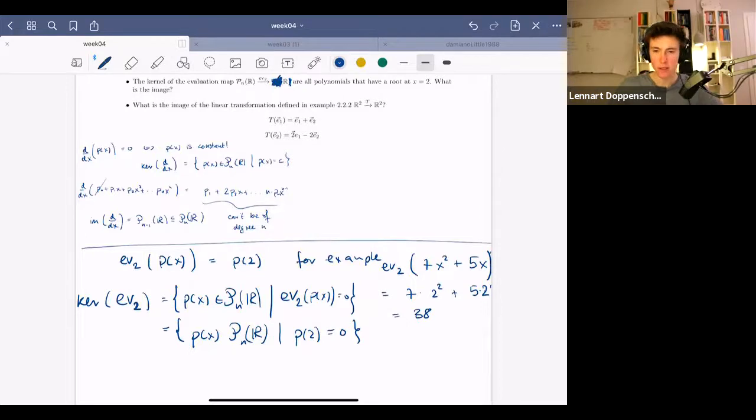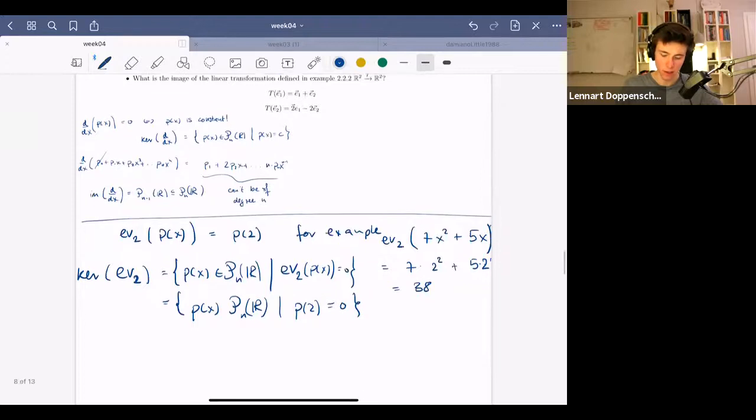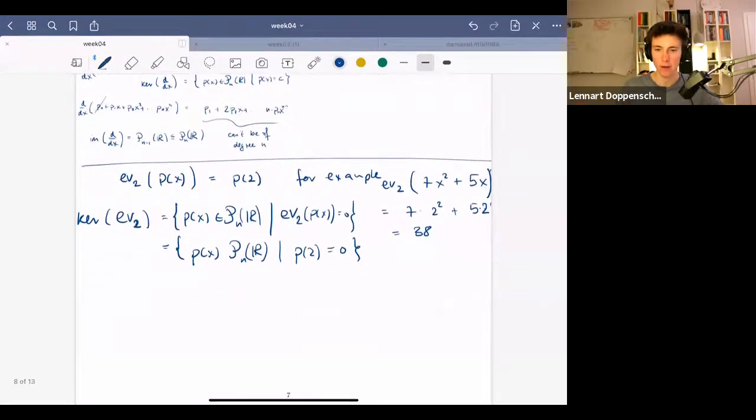And the image, can someone guess what the image is? Yeah, it's R. Why is that? Because we can find, in particular, the constant polynomials: a constant value c will evaluate to c. So for any constant in R, there's a polynomial that evaluates to this number.